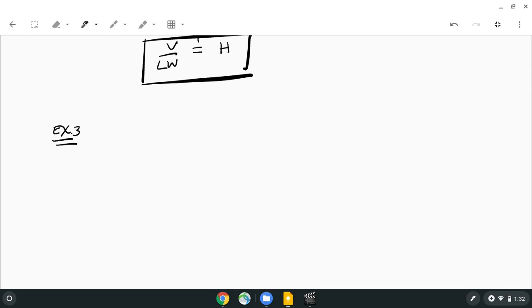Here's your formula. T equals W plus MA. Okay. And let's solve for W. Let me write it down here.